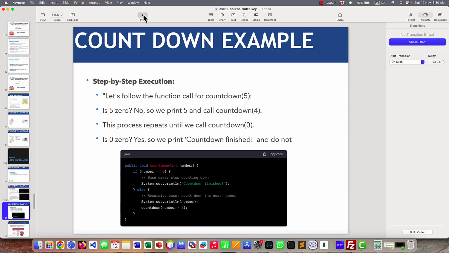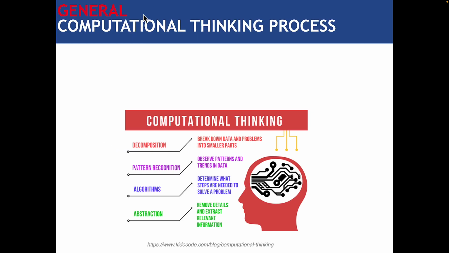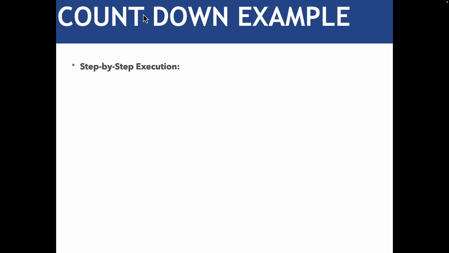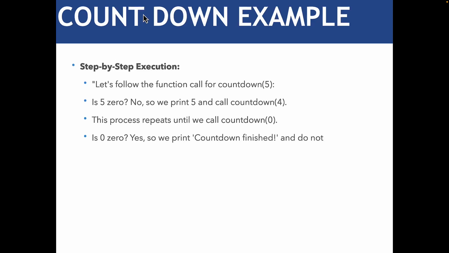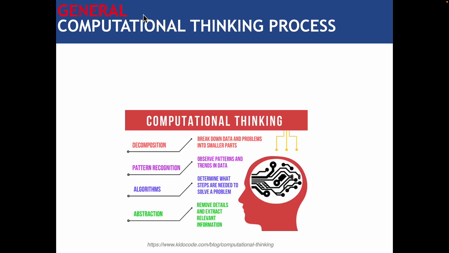So, all about the computational thinking process that I always talk about. In general, the things that you have done in CS101 actually follow this process, which we call the computational thinking process. First of all, you need to decompose the problem, breaking down a complex problem into smaller, more manageable parts.